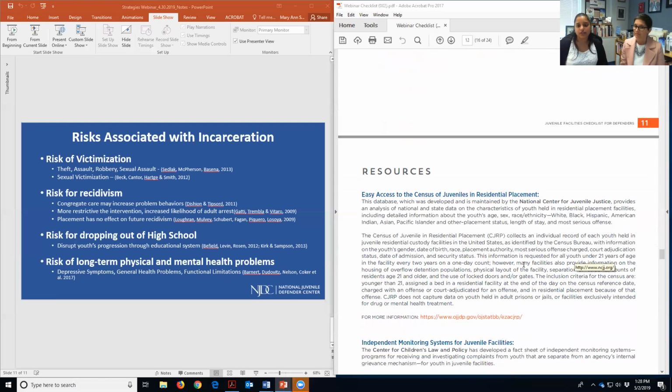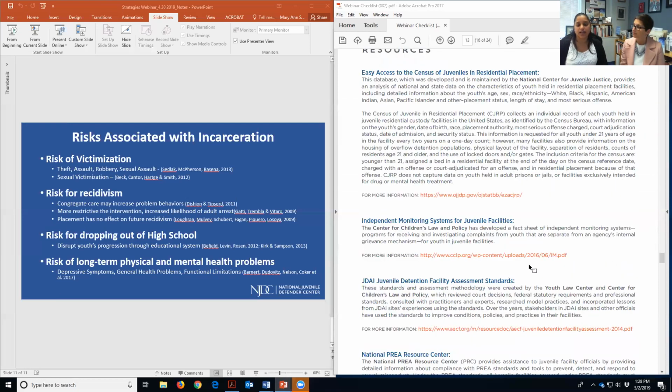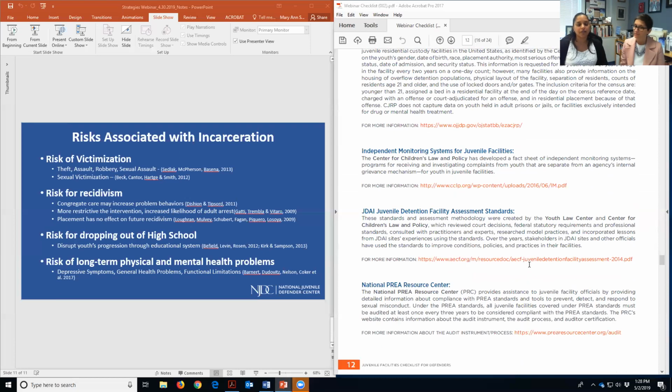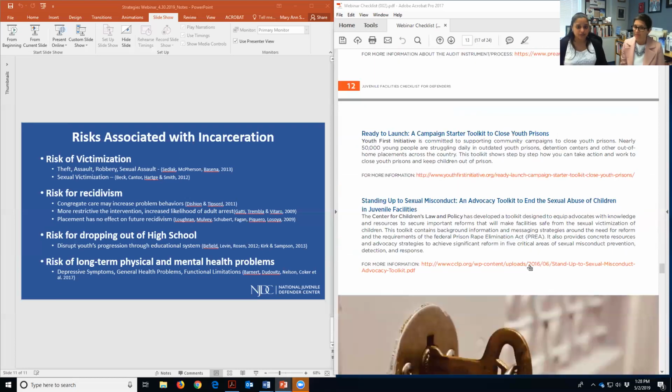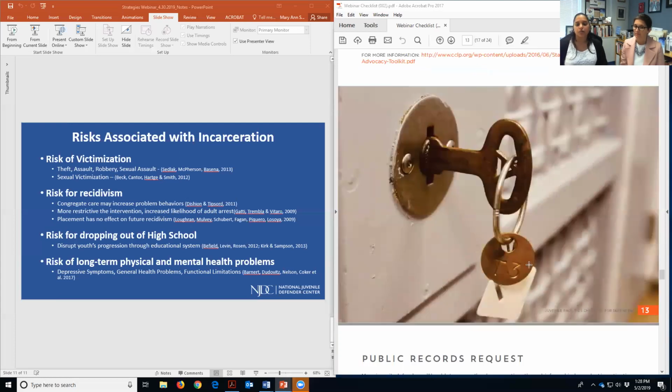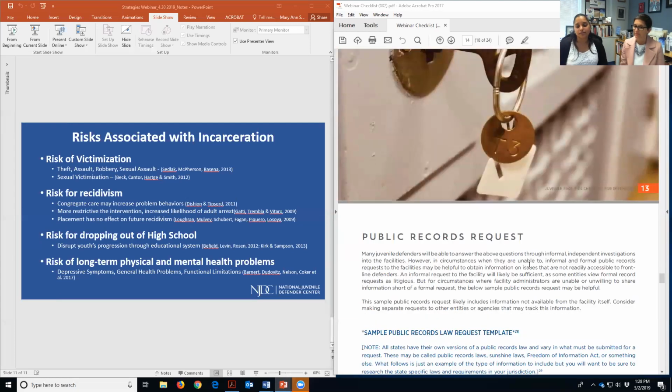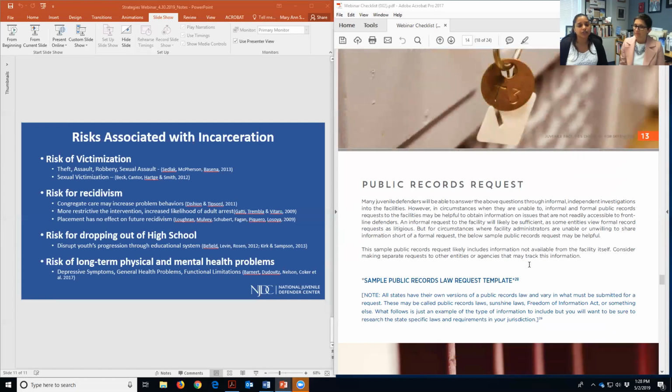We also provide resources to organizations and publications that are currently monitoring facilities and how to access more information about those individual facilities. For public records requests, it's important to note that the laws are state specific.